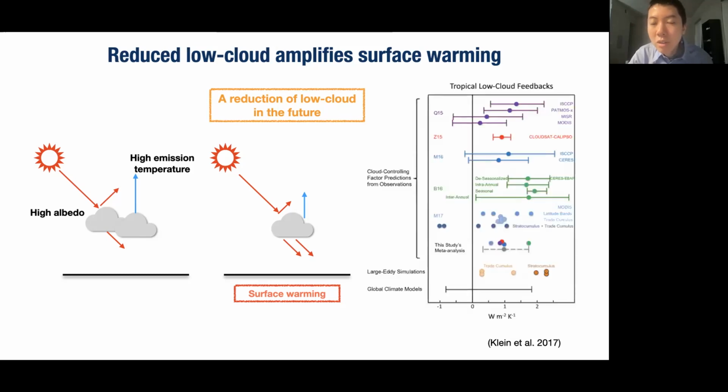However, current climate models have large uncertainties about the magnitude of the low cloud climate feedback. So we need better constraints on the role of the low cloud in modulating the surface temperature change in the future.